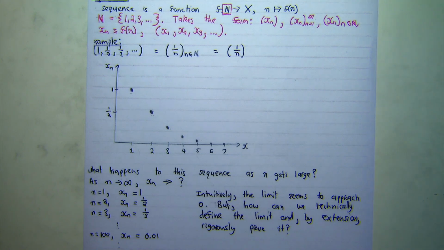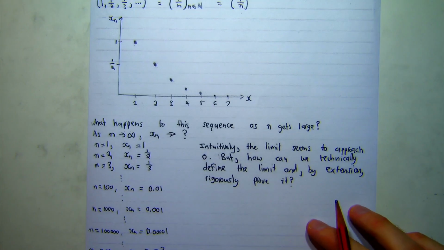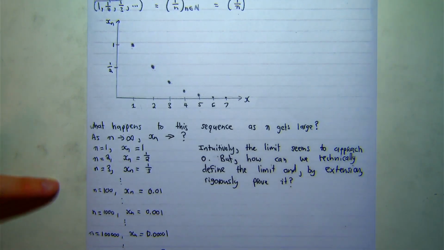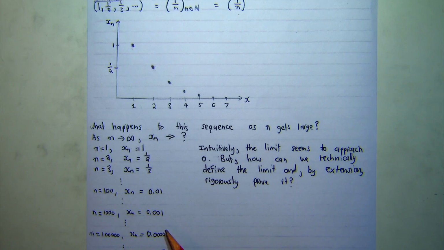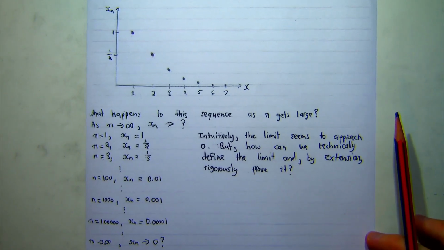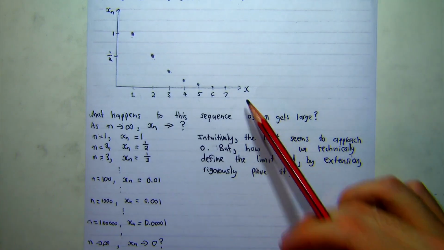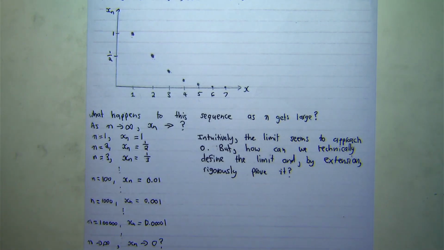We don't know. And in this example here, we can look at our pattern of our sequence where as n is increasing, the value of xn is just getting smaller and smaller. And a lot of people, when you ask them what they would guess is the sequence limit in this context, will say that the limit is 0.